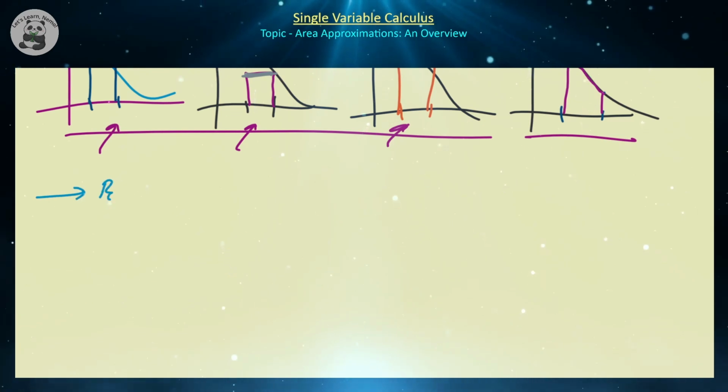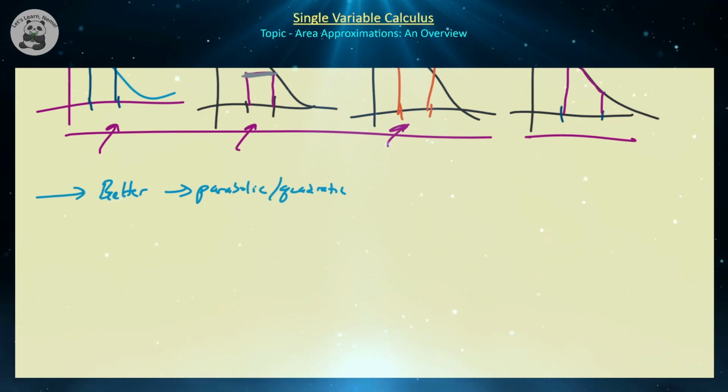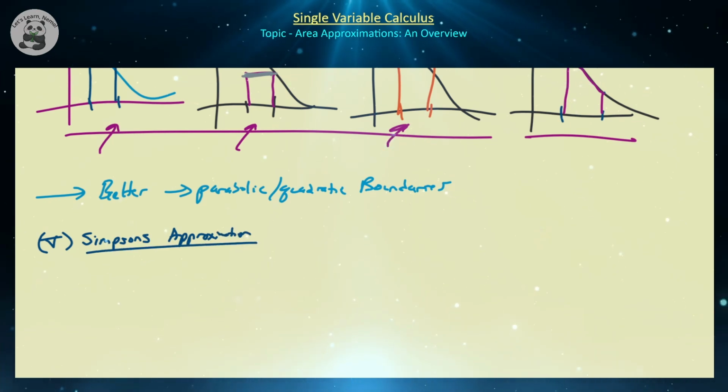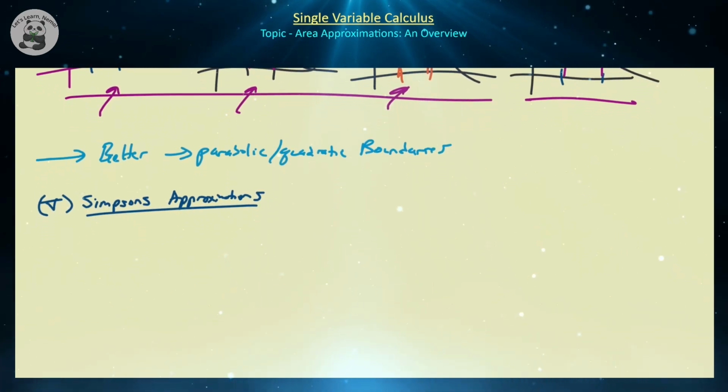So if we want to do better than linear boundaries, we can do parabolic or quadratic boundaries, right? So one of the more famous area approximations that use parabolic boundaries is known as Simpson's approximation. There are several others, but Simpson's probably is the more famous of them all.